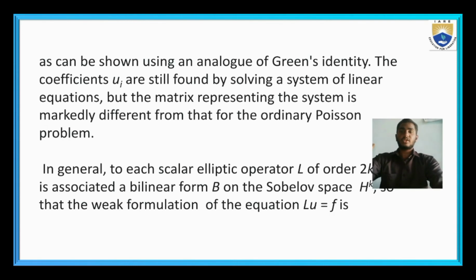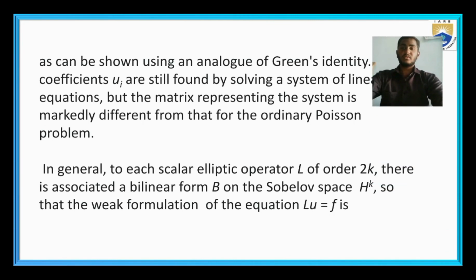As can be shown using an analog of Green's identity, the coefficients ui are still found by solving a system of linear equations, but the matrix representing the system is markedly different from that for the ordinary Poisson problem.